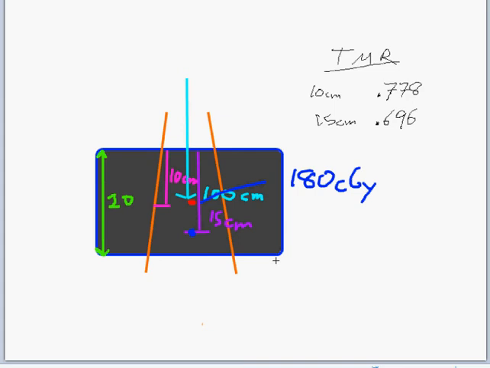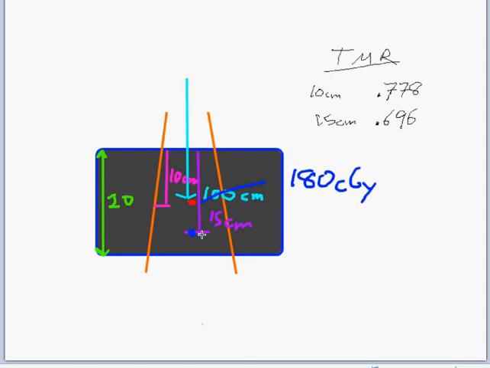So what is our inverse square factor going to be? Well, this point here is 100 centimeters from the source. It's an SAD treatment. And how far is this point from the source? Well, if it's 10 centimeters depth to here, and it's 15 to here, the difference is 5 centimeters. So the distance from here to here is 100 centimeters down to 105.